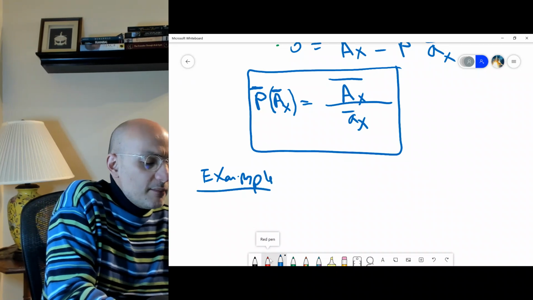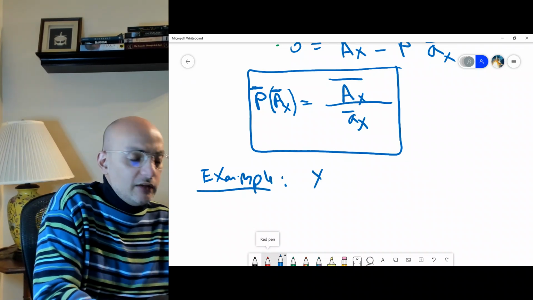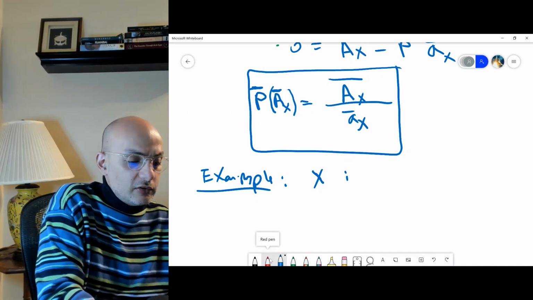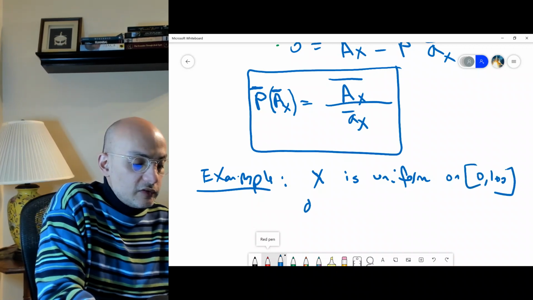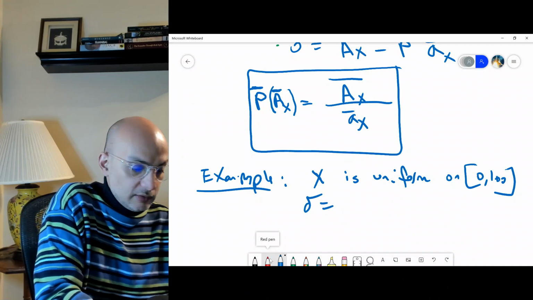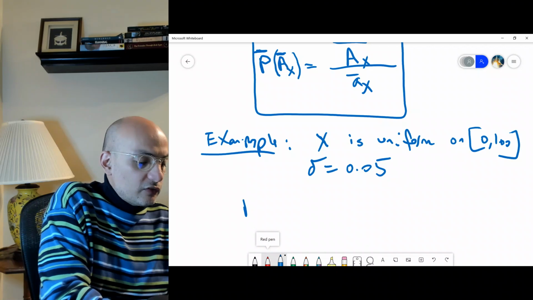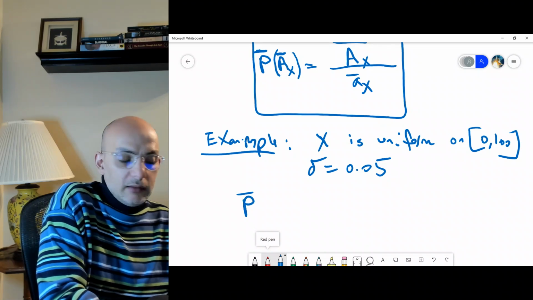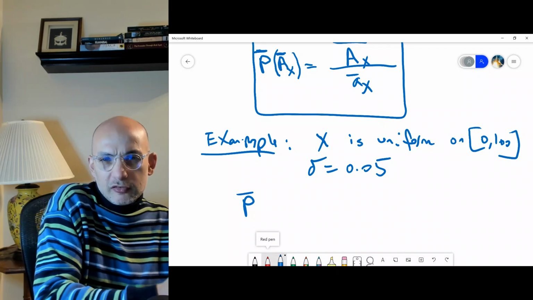The same example we took, so we strengthen our knowledge with this example. X, which is the random variable at birth, is uniform on, let's say, the same interval, and we use delta to be 5%, I think. Now the question is to find the level premium, that sometimes we just call the benefit premium.